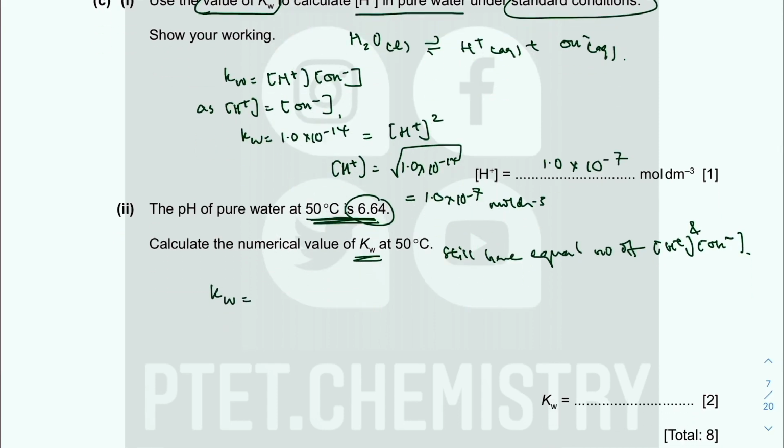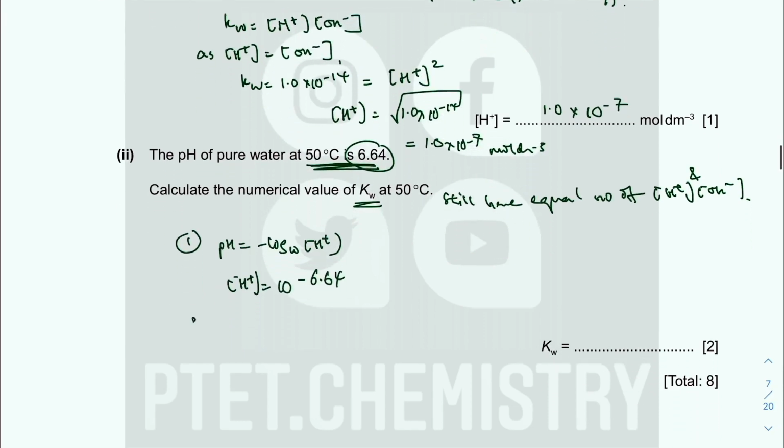actually they give me the pH, right? So I can work out the concentration first. So pH is minus log 10 of H plus. So H plus is 10 to the power minus 6.64. Okay. But then I also mentioned just now, the H plus concentration is still balanced out by the OH minus concentration because we are not taking anything out, we are just warming them up.